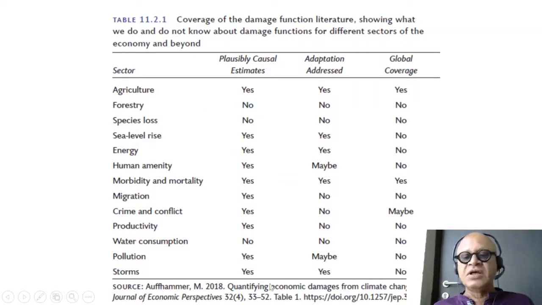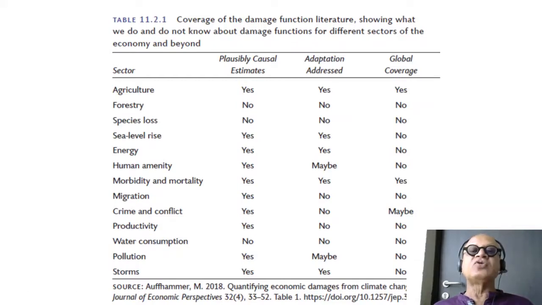So this is from Quantifying Economic Damage from Climate Change, a paper by Auffhammer, which is apparently very good according to the author himself. It covers the damage function literature, showing what we do and do not know about damage functions for different sectors of the economy and beyond.